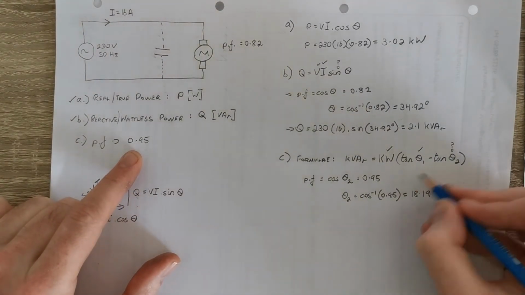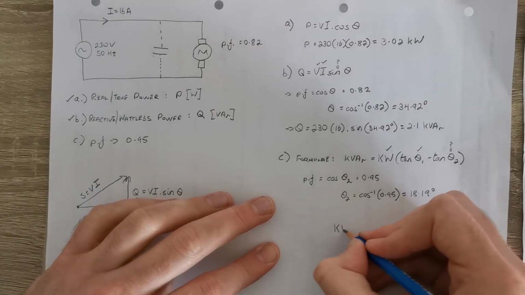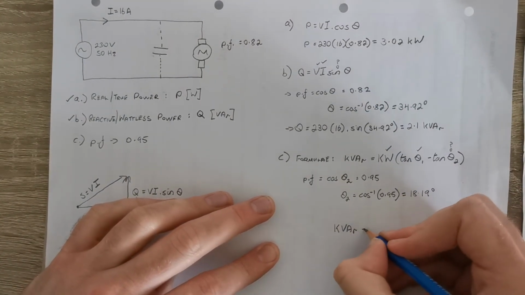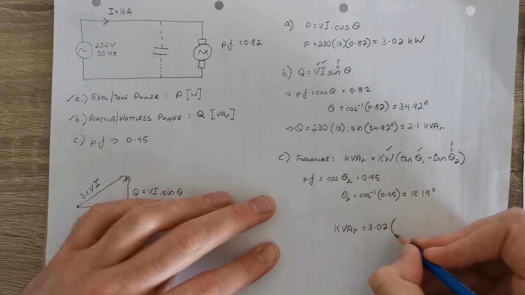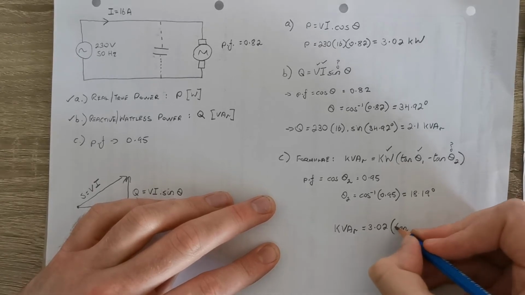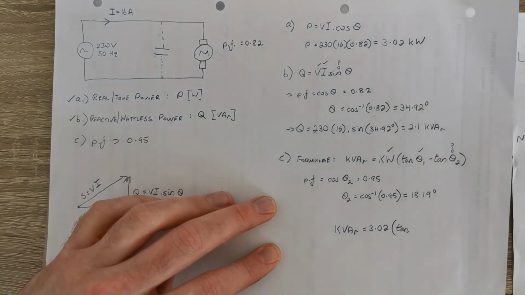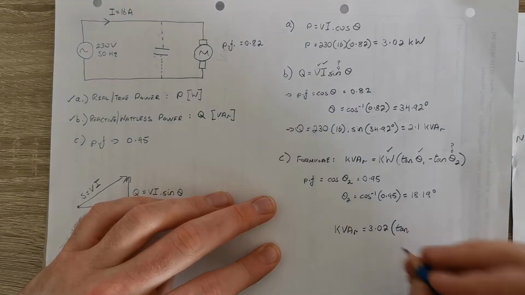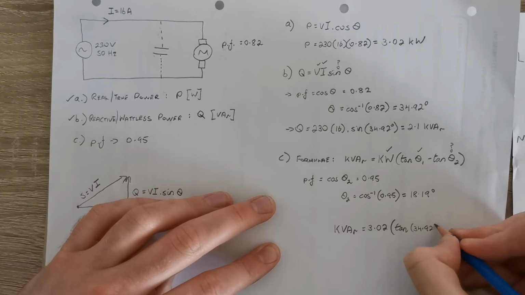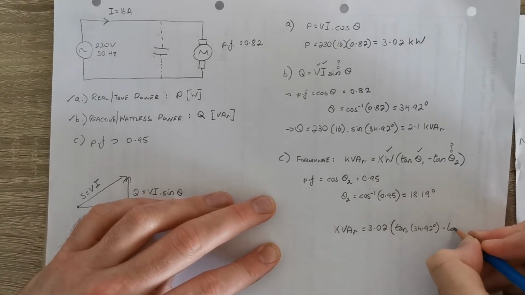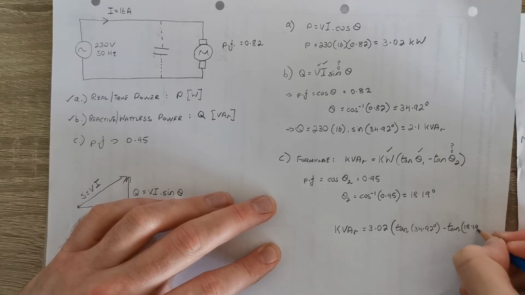So now we have this angle, we can pass it back into our formula and work out that the kilovar rating of our capacitor will be 3.02 kilowatts times the tan of 34.92 degrees minus the tan of 18.19 degrees.